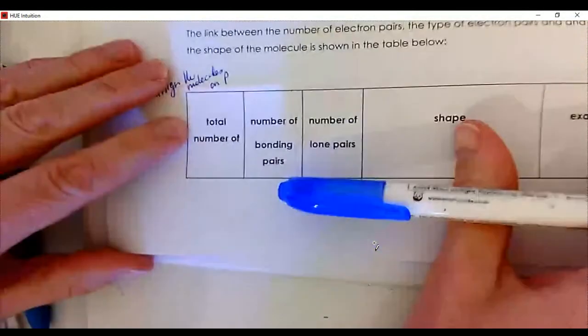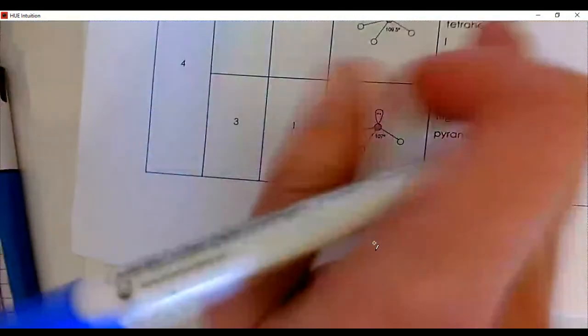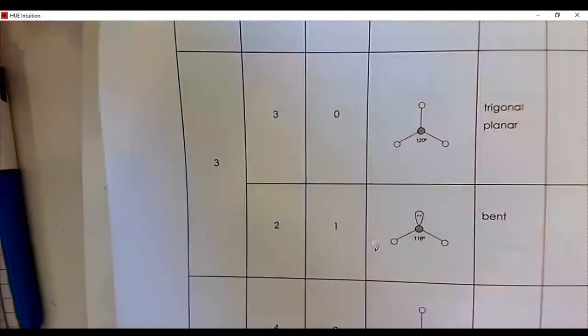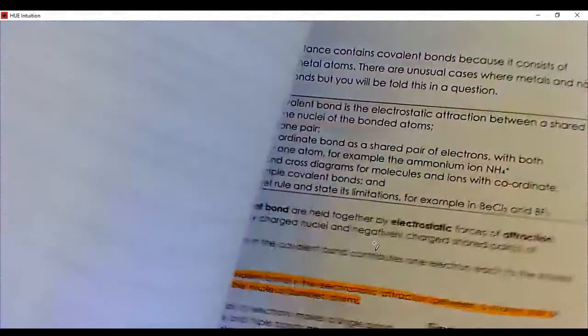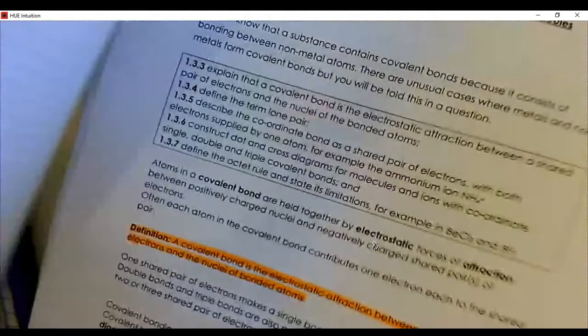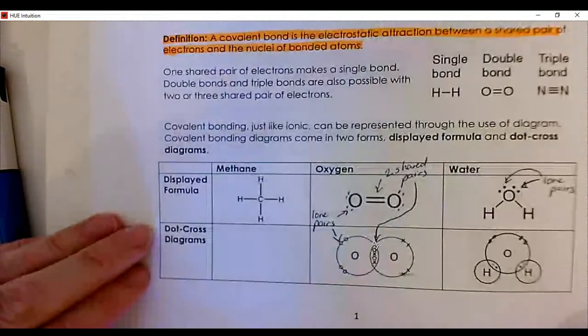Okay, so you're going to count the bonding pairs and lone pairs, right? So we're going to have a look at some of the molecules you've used already. So turn to page 1 and have a look at some of the molecules you've already drawn.